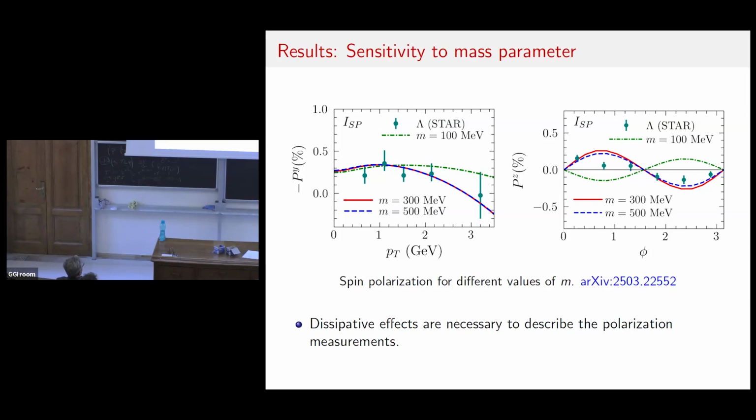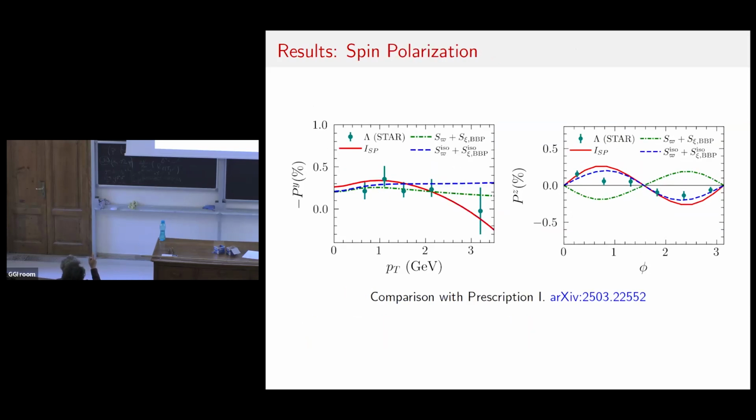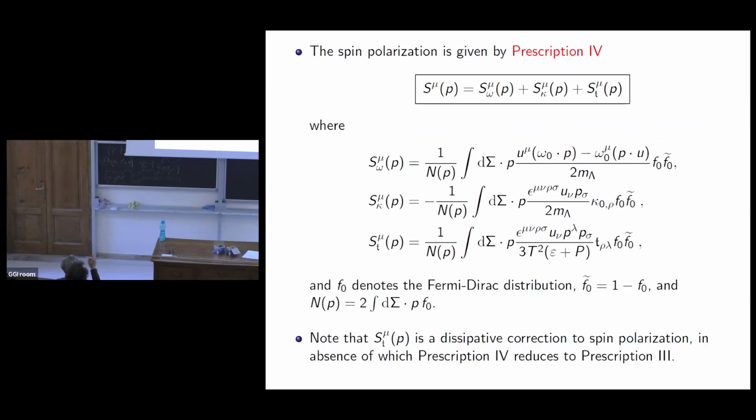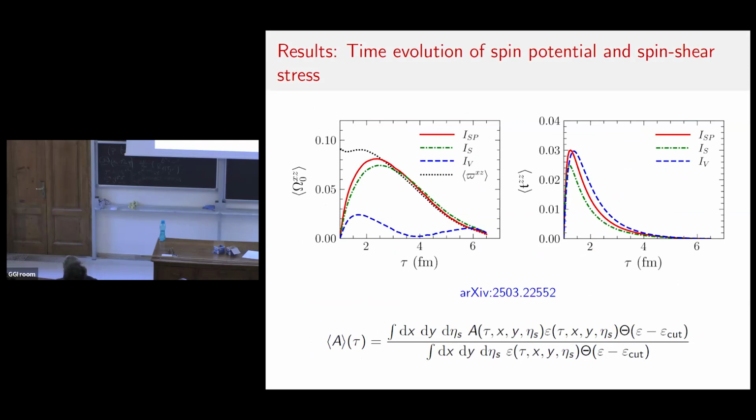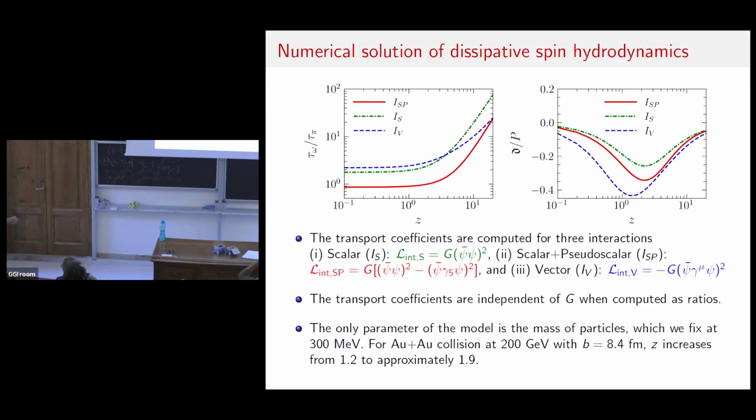I have to check, but yeah. So there's a mass of the spin particles that are being evolved on top of the background. But if you go to the formula, so again, we have m lambda. Sorry, so this is m lambda. But for the evolution, we need to compute these transport coefficients. So we have to put this mass. So these are the effective mass of particles that are evolved on top of the background.